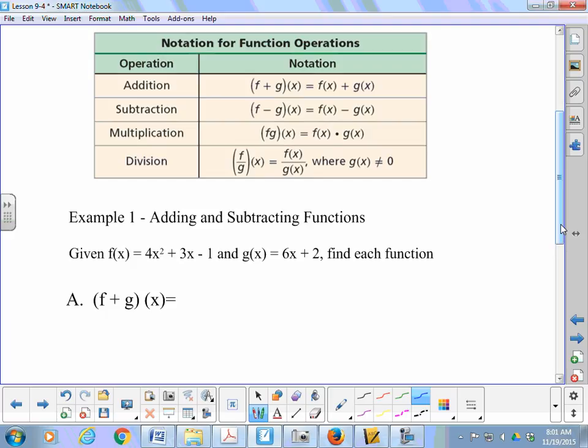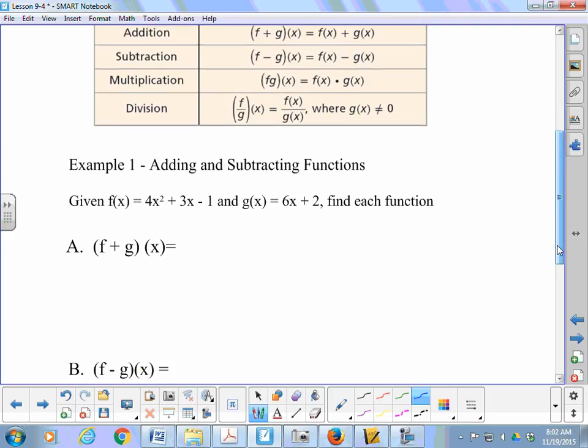Okay, so the first one here is we're just going to take these 2 polynomials. f of x equals 4x squared plus 3x minus 1, and g of x equals 6x plus 2, and we're just going to add them. So just a matter of adding the like terms.